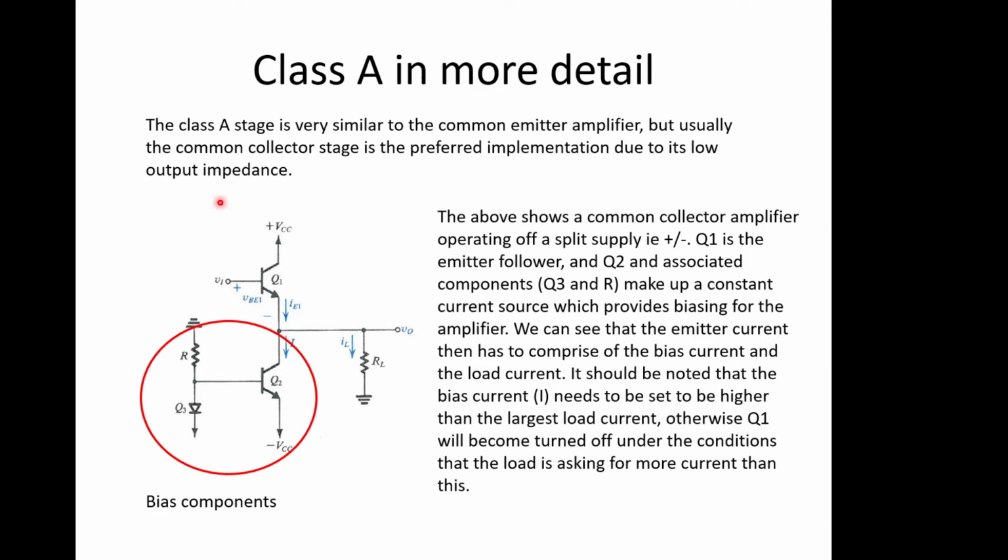And then we should probably look in a bit more detail at how these things operate. So we can say that the Class A stage is very similar to a common emitter amplifier. But usually the common collector stage is the preferred implementation due to its low output impedance.